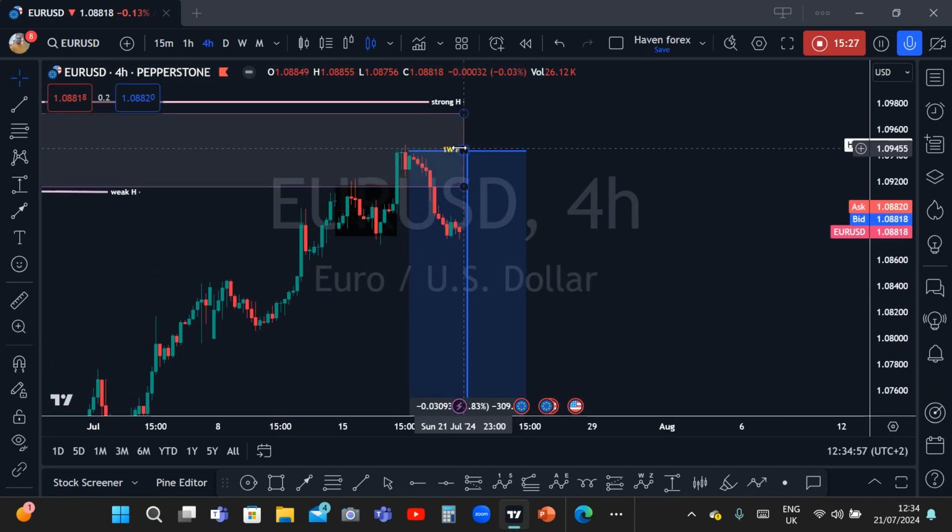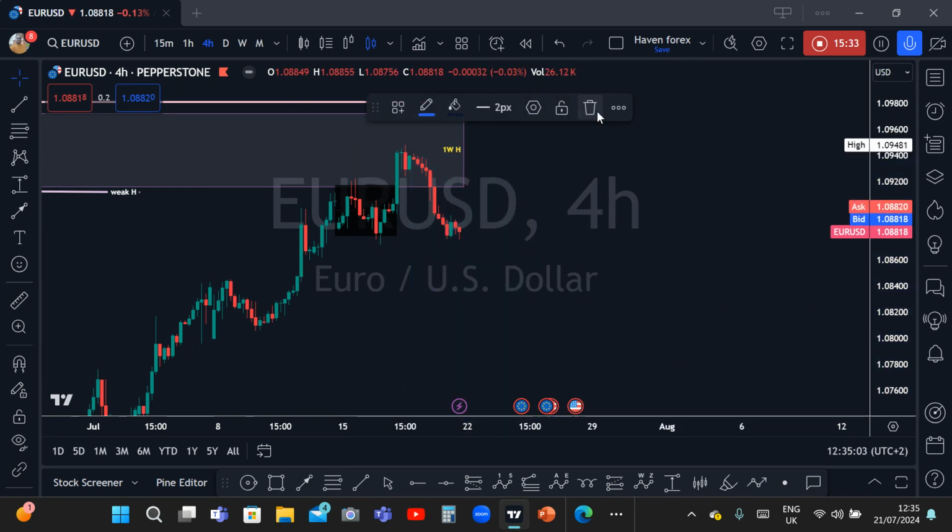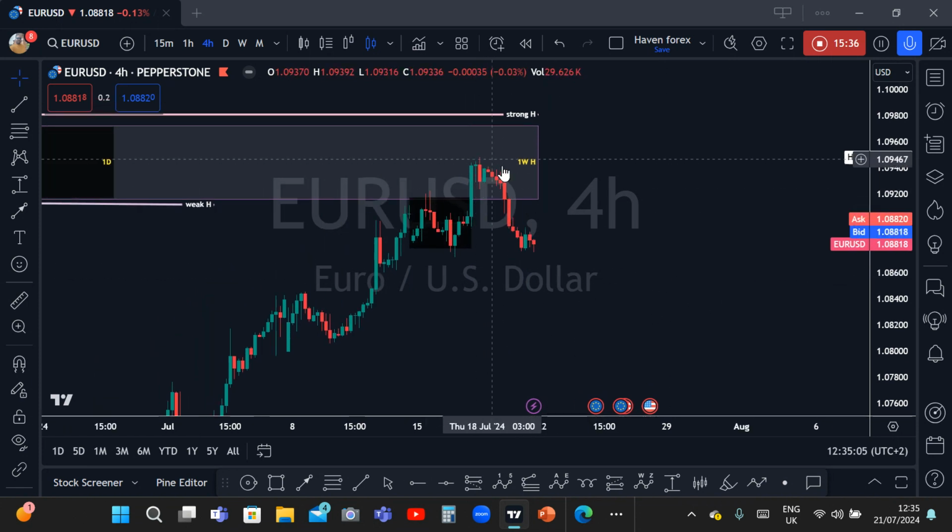Okay, let's assume, because now that he has tapped into this weekly high, it will come. I'm expecting a retest. Or rather, he can still come to do a retest.